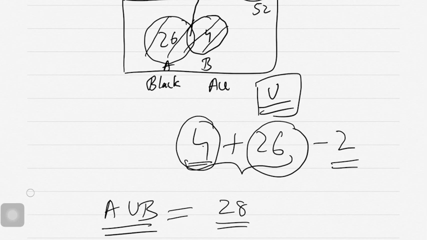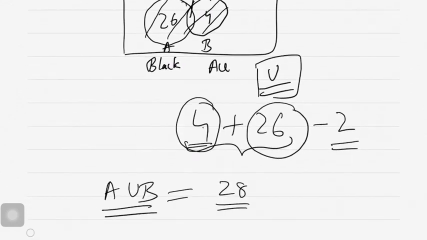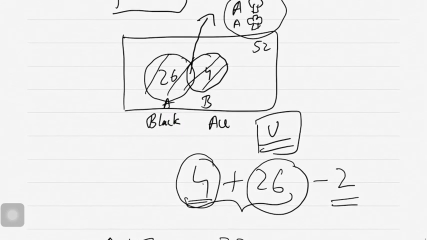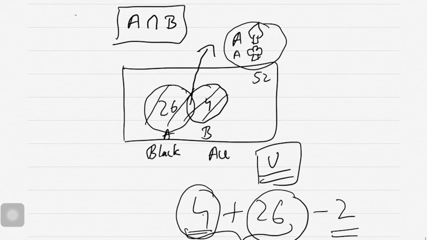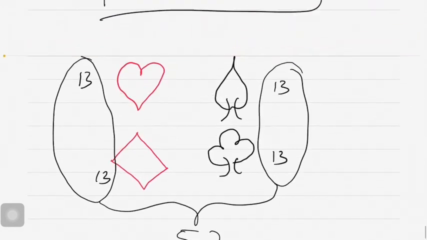The probability would be 28 divided by 52 because the sample space is 52. A proper explanation is given in the previous video; this is just a revision. I recommend you check my previous video where union and intersection are explained.